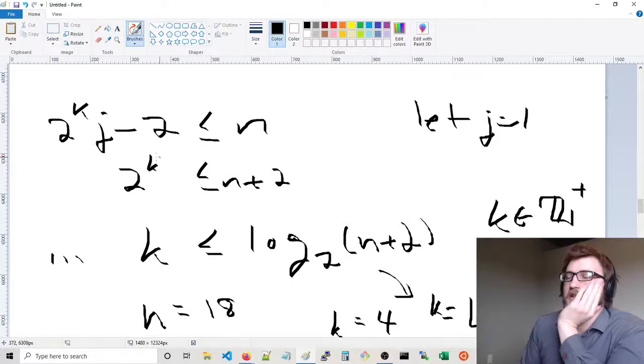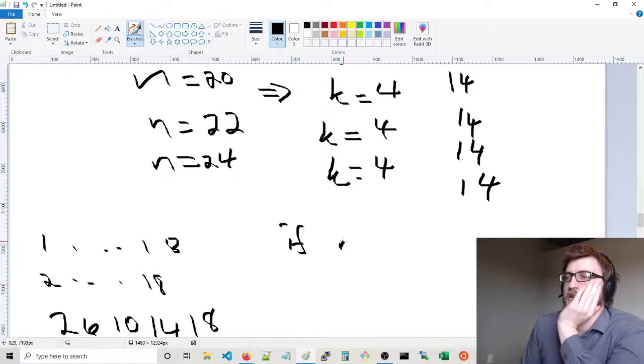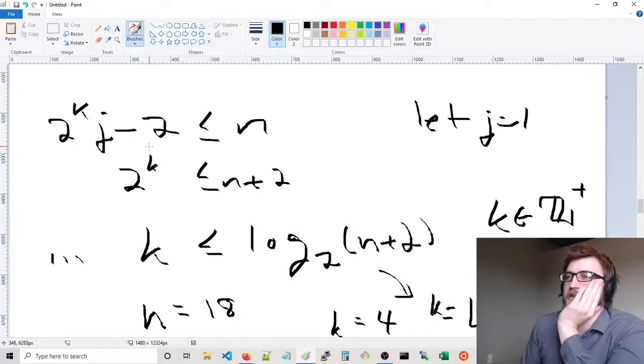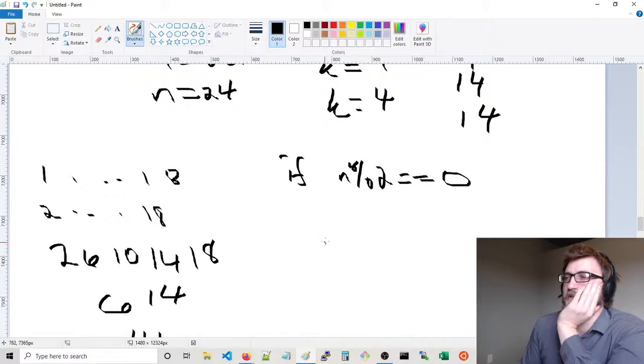All right, I think that means that if n modulo 2 is 0, then 2 raised to the floor of log base 2 of n plus 2, minus 2.